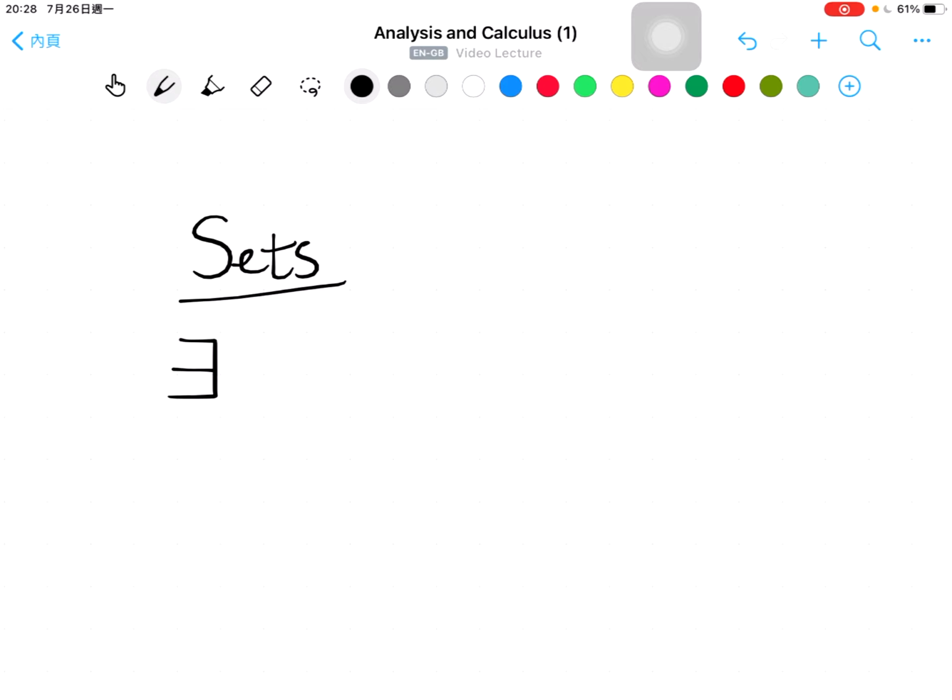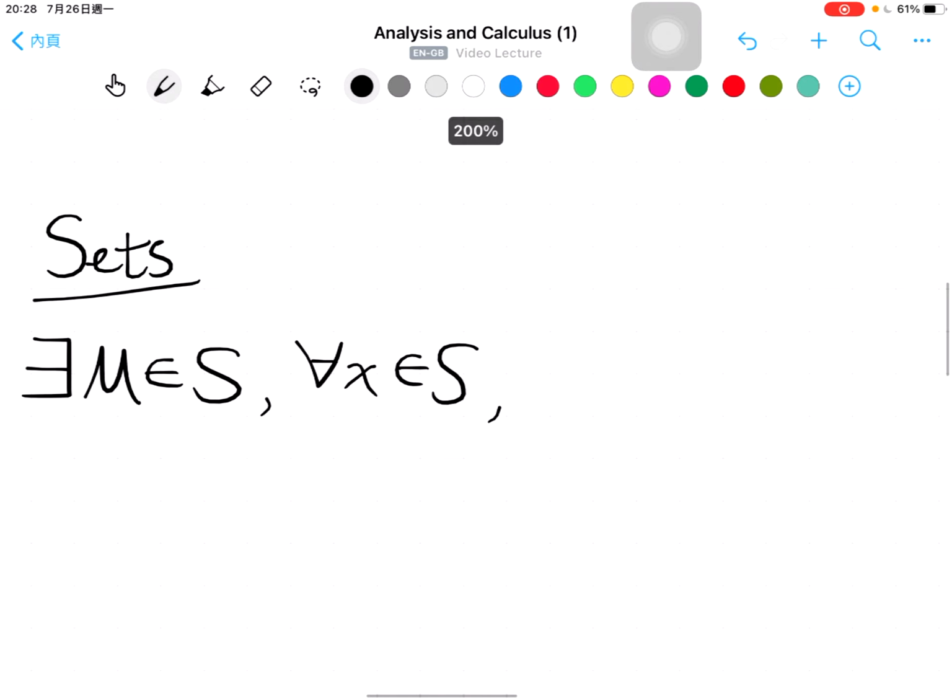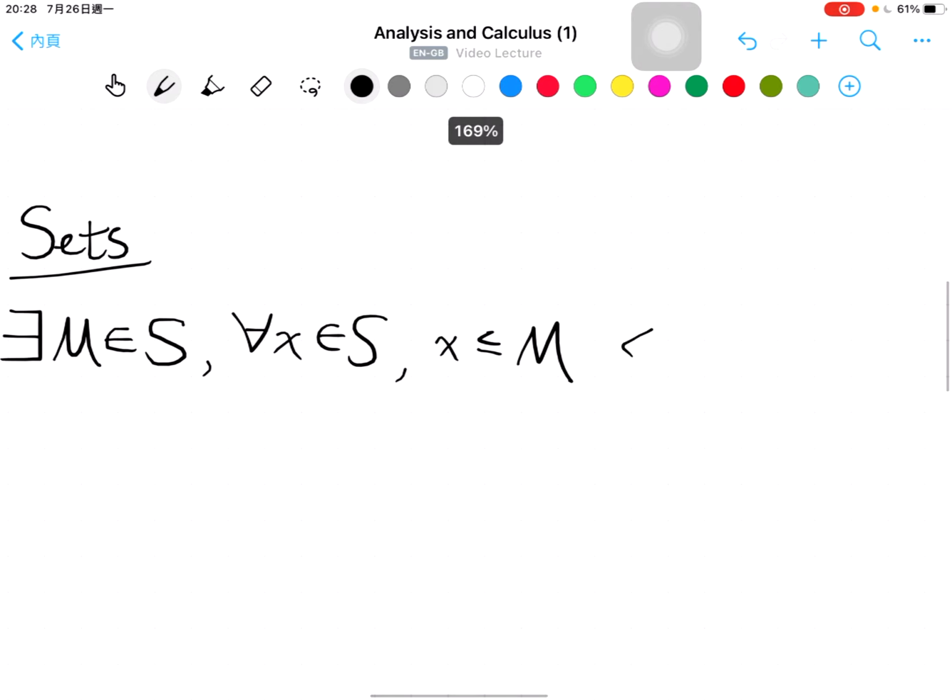If there exists a number, say capital M, inside a set S, such that no matter what else you take in the set, that thing you take in the set is going to be smaller than or equal to this M, then we are going to say M is the maximum of the set S.